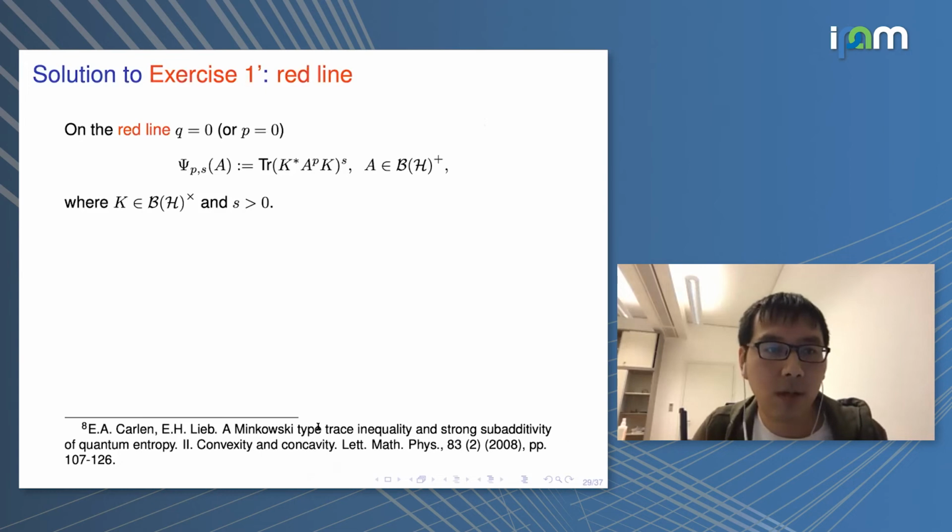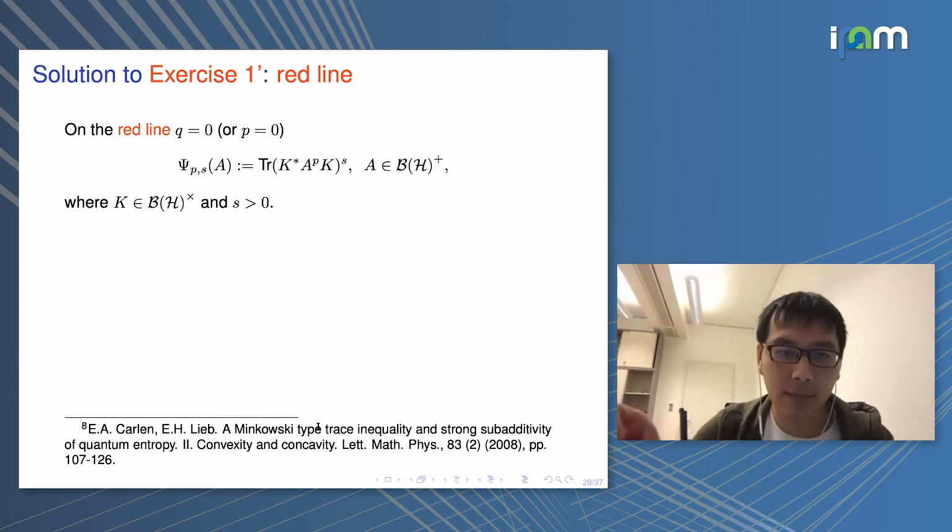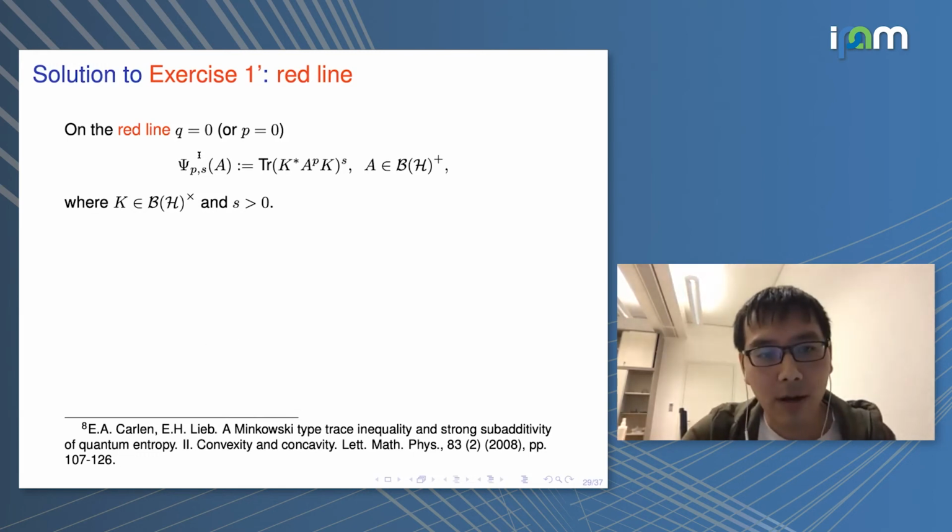Okay, now we are ready to solve the exercise 1' and 2'. So for the exercise 1', it actually corresponds to the red line. On the red line, we know that either P equals 0 or Q equals 0. Therefore, the two variable functional psi PQS becomes a one variable trace functional.